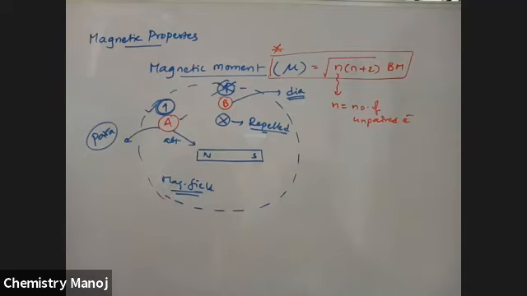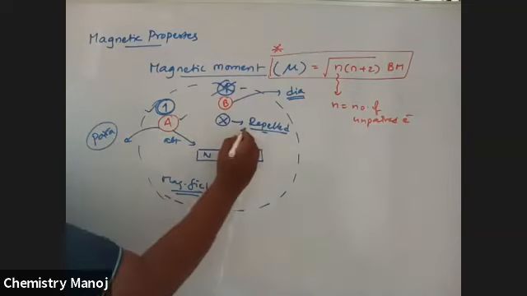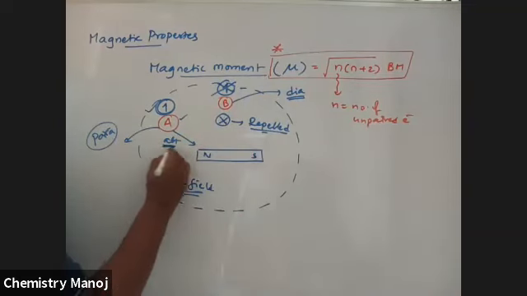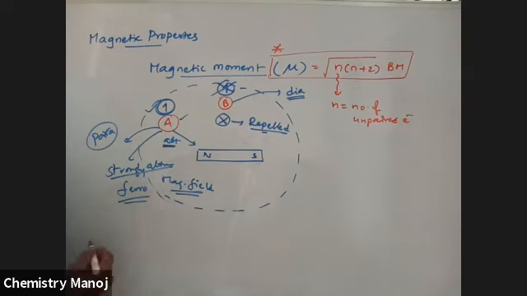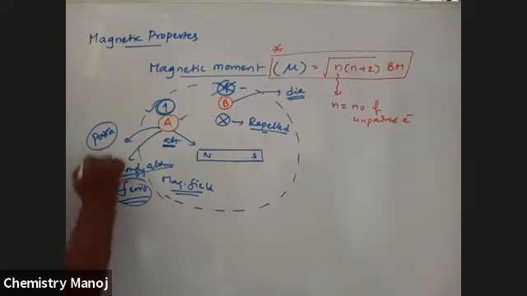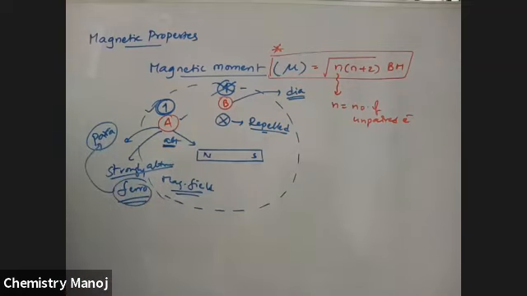Someone asked me, sir, what about ferro? Which are attracted, para; which are repelled, dia. That para which is strongly attracted is called ferro. So that means ferro is a part of para.